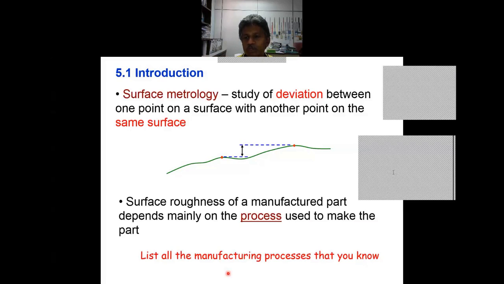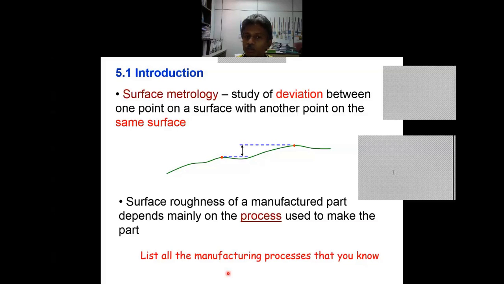If you want to produce very smooth surfaces, what kind of process do we use? Spinning, lapping. We have lapping. Now we have processes known as lapping, polishing, honing, and so on.